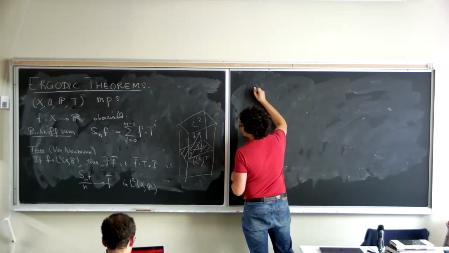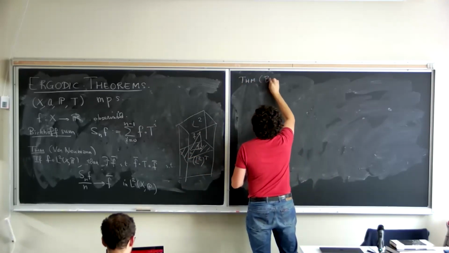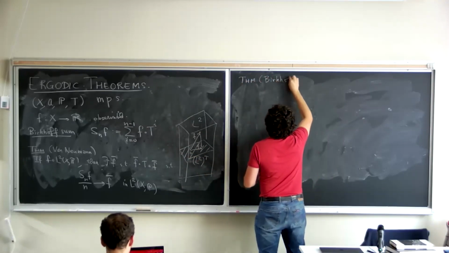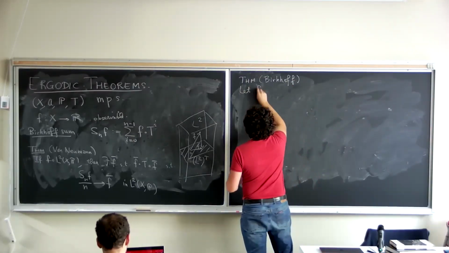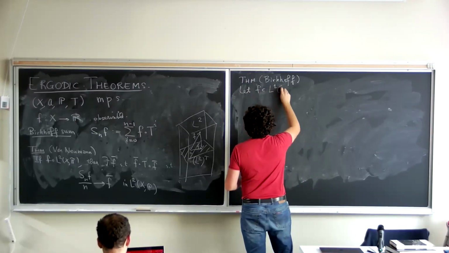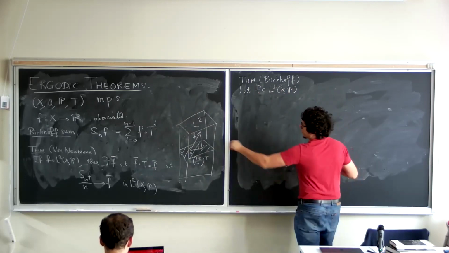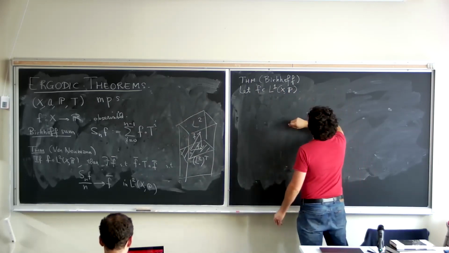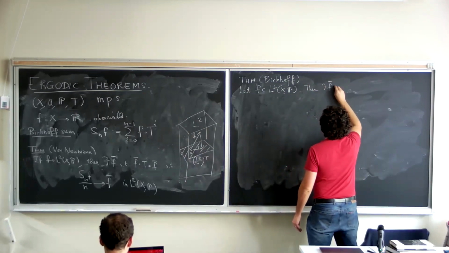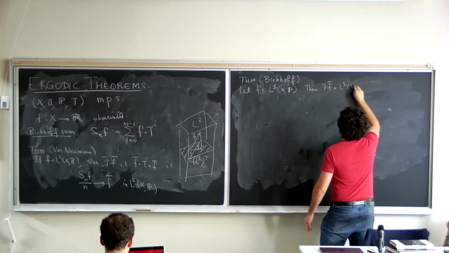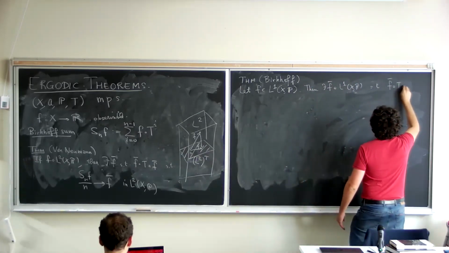But the same theorem holds, and in fact a much better convergence holds, which is almost sure convergence. So the Birkhoff theorem says the following: if you start with f in L1, so just the absolute value of f is integrable, rather than the absolute value of f squared, then again there exists f bar in L1 such that f bar composed with T equals f bar.